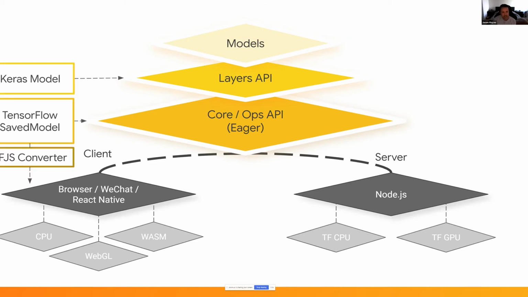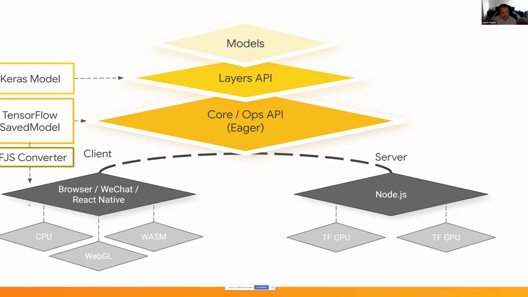So putting it all together here, essentially, you can load in Keras models using the layers API. You can load in a TensorFlow saved model from Python using the ops API, and that does not need conversion. So if you do choose to continue doing your machine learning in Python, that's completely fine. But if you find that you want to deploy to a web environment and you want to get a Node.js engineer to integrate that somehow with the web server, the Node.js engineer can now take that without conversion and run it in Node.js for free, which is really nice.